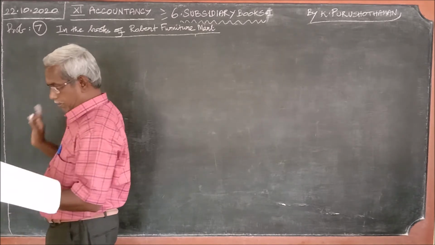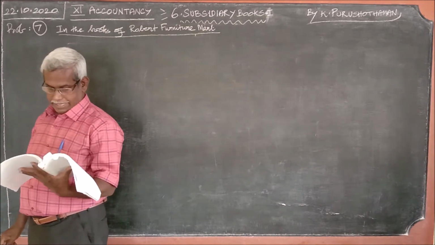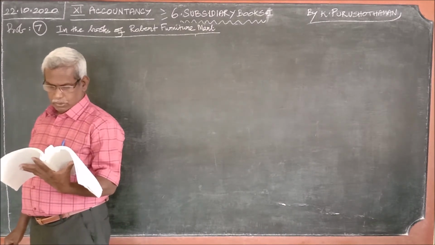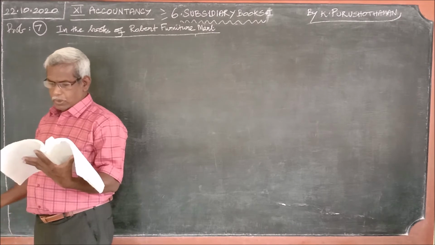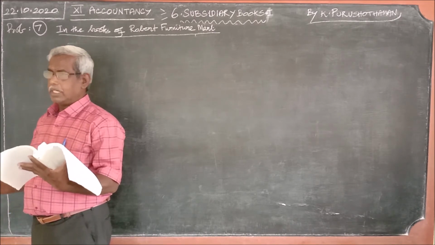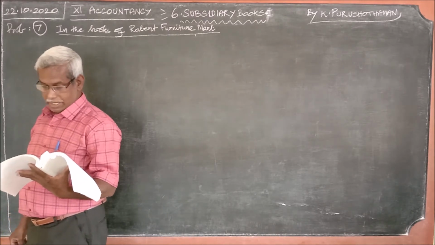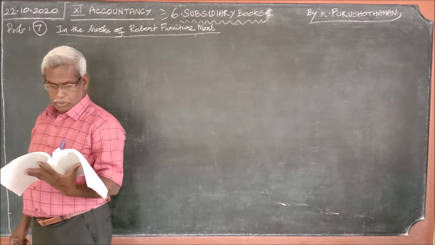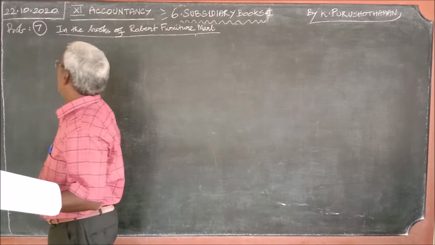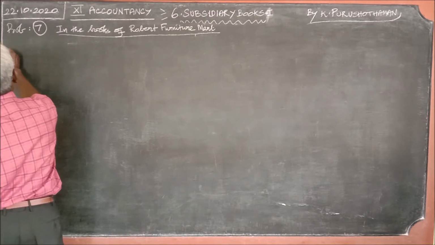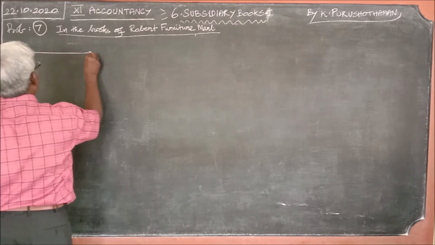That's what we have prepared. Good. Then for the month of June 2017 and post them into ledger accounts in the books of Robert Furniture Mart. It is given. So we should post them all into ledger accounts.